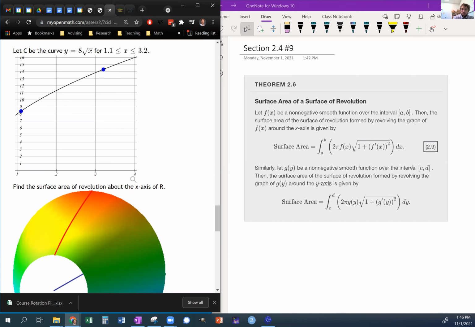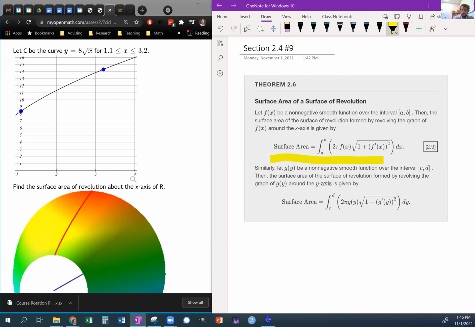So that means we're using this formula right here for surface area. So f of x is 8 square root of x, which is 8x to the 1/2 really.